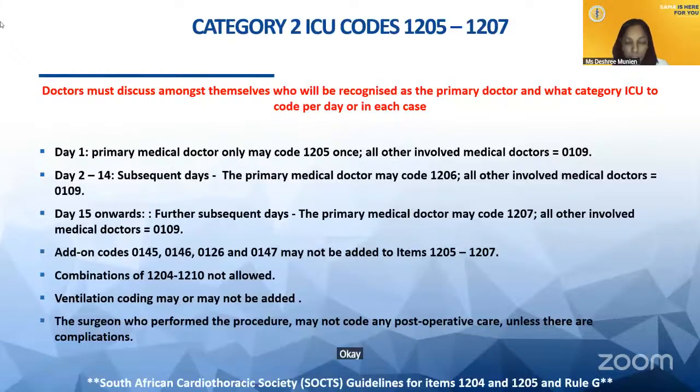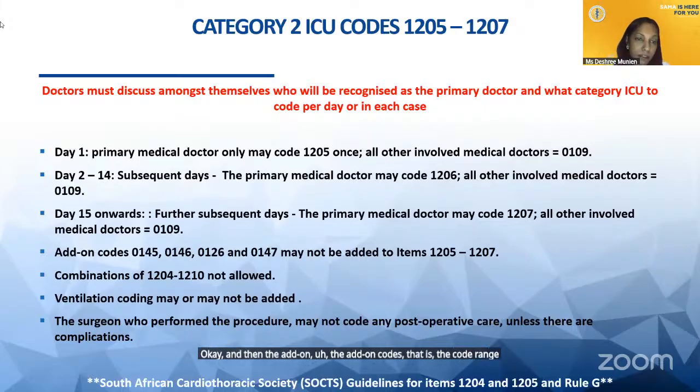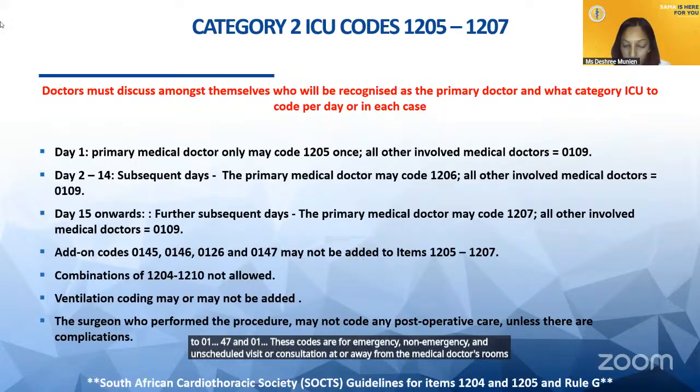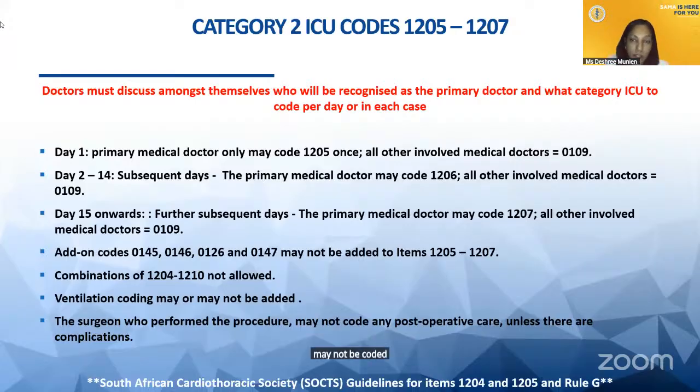Okay, and then the add-on codes, that is the code range 0145 to 0147 and 0126. These codes are for emergency, non-emergency, and unscheduled visit or consultation at or away from the medical doctor's rooms or home, and may not be coded together with item codes 1205 to 1207, and combinations of 1204 to 1210 are not allowed.